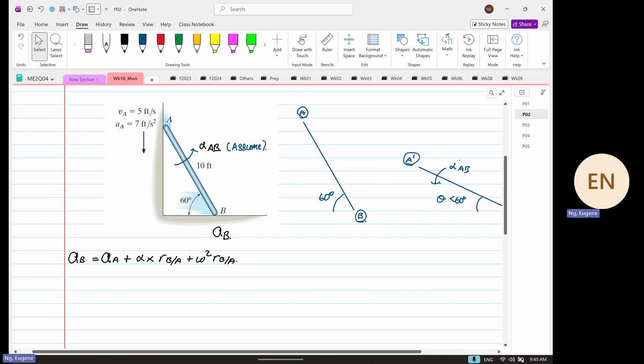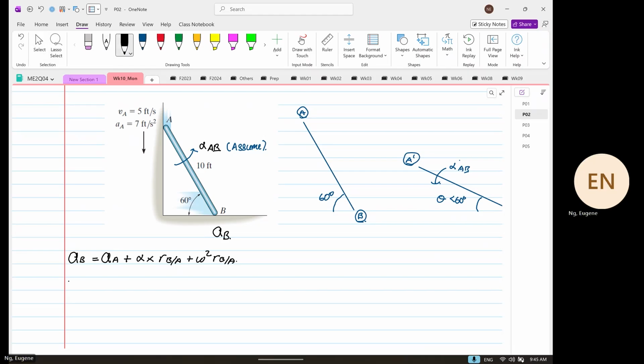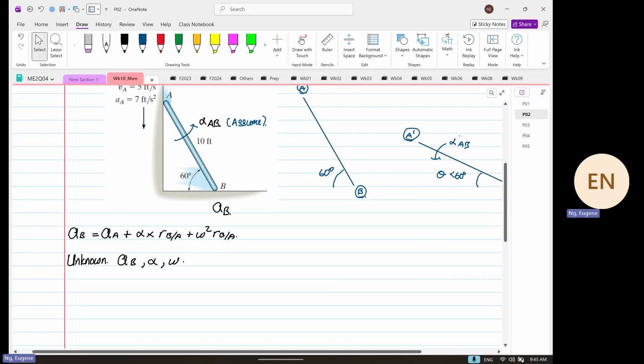The unknowns are the acceleration at point B, we don't know, we also don't know alpha, and we also don't know omega.